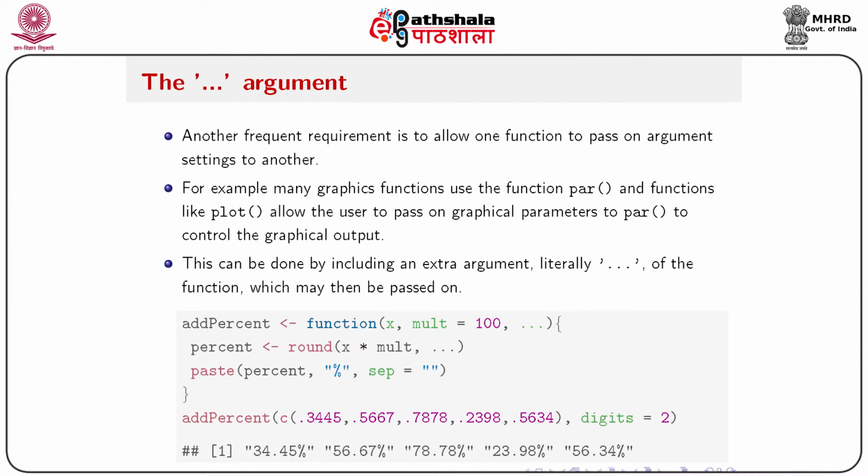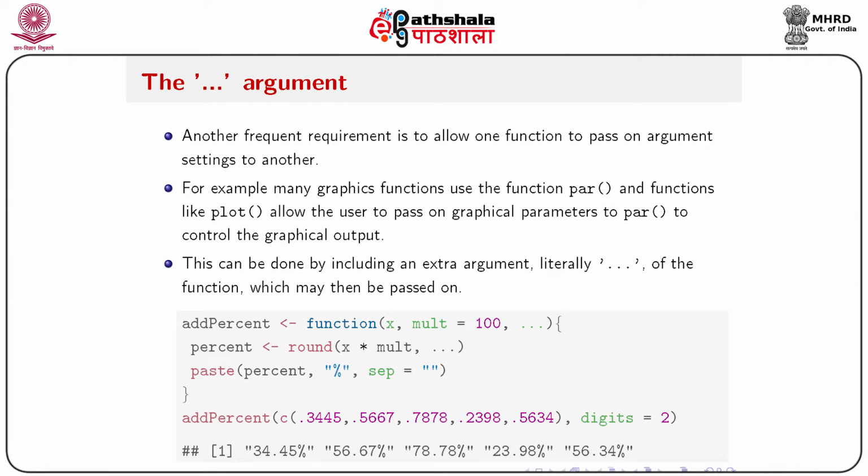Say there is another example that I use: add percent function, x, multi equals 100, comma, triple dot, and the percent is round x times multiplier, comma, triple dot, and then paste percent, then the percent symbol, separate equals, there is no separation between the two arguments of the paste.